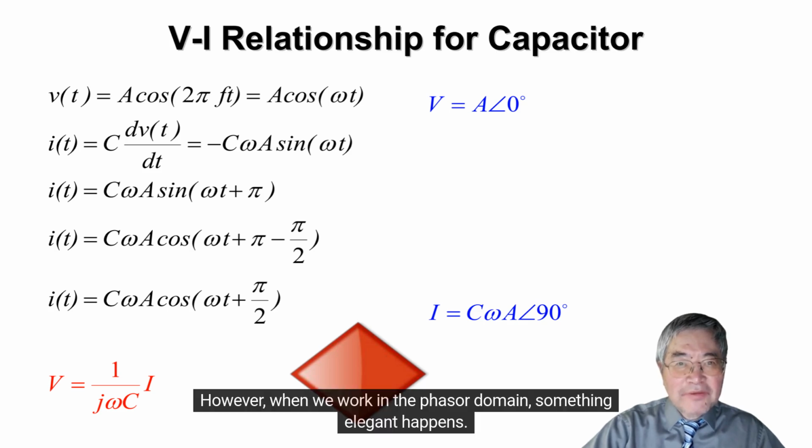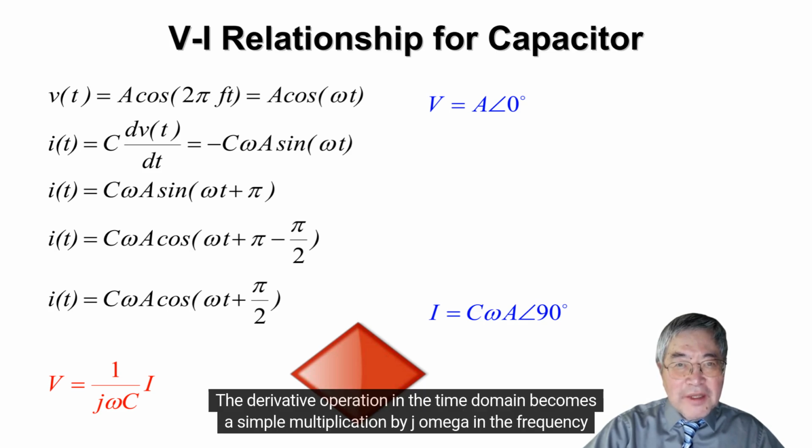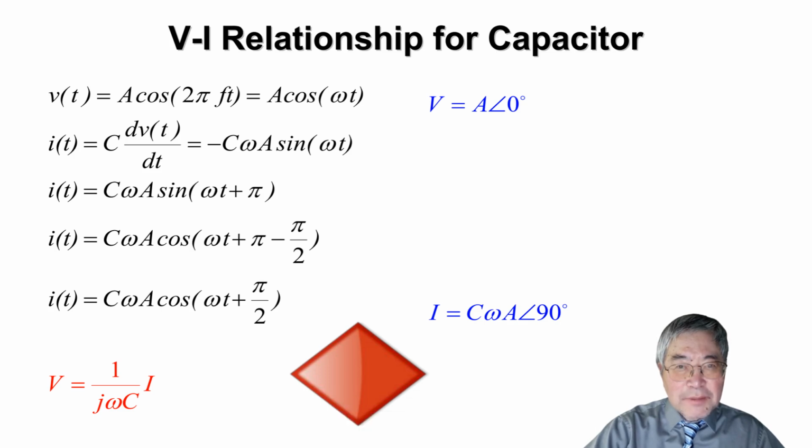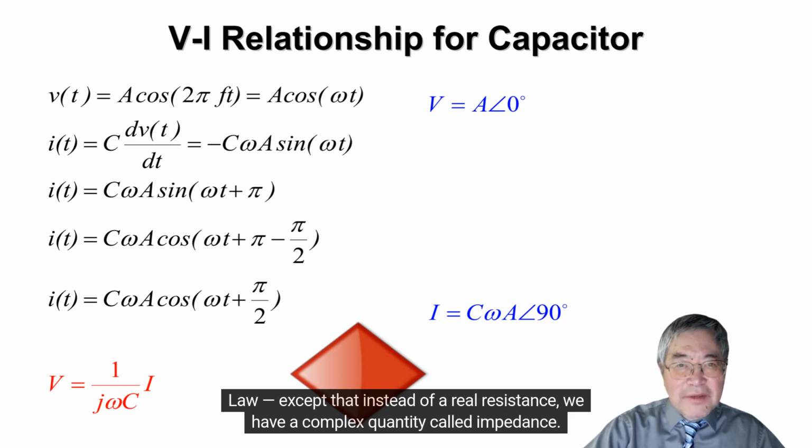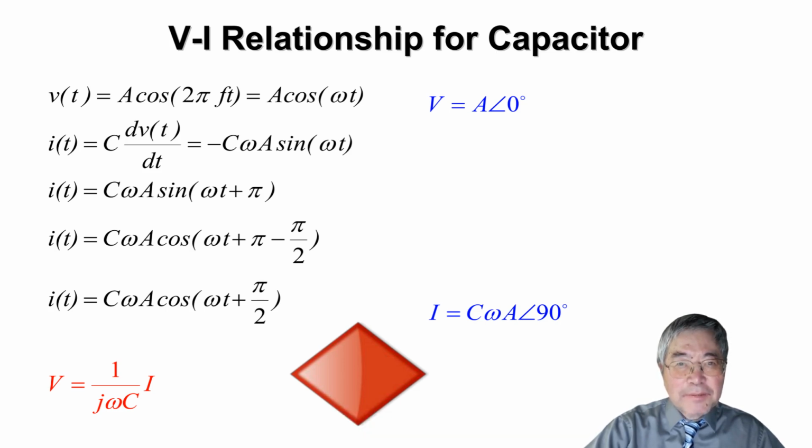However, when we work in the phasor domain, something elegant happens. The derivative operation in the time domain becomes a simple multiplication by j omega in the frequency domain. This means that for sinusoidal signals, the voltage-current relationship for a capacitor can look just like Ohm's law, except that instead of a real resistance, we have a complex quantity called impedance.